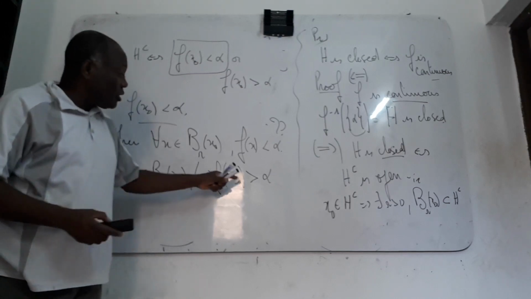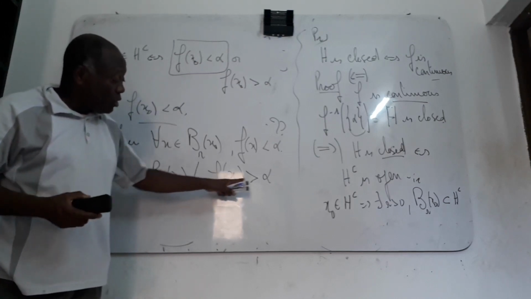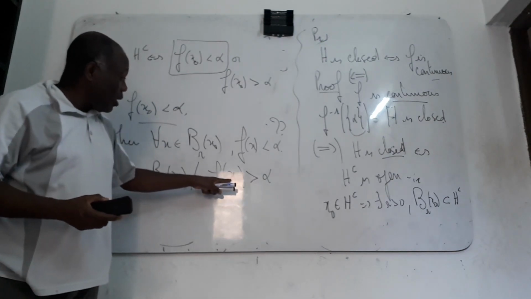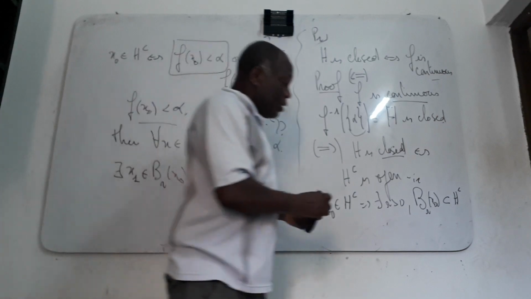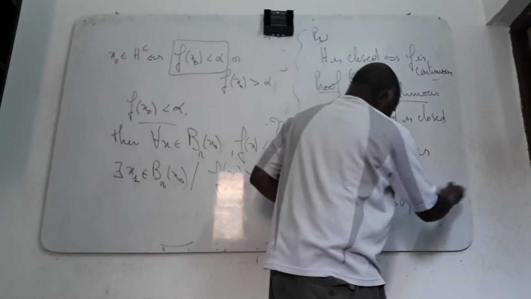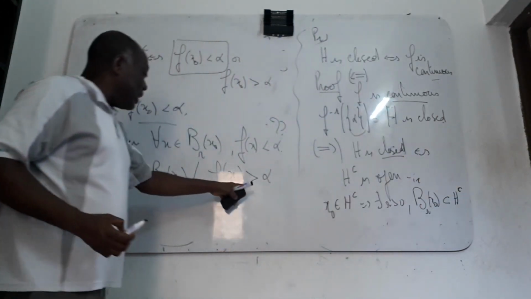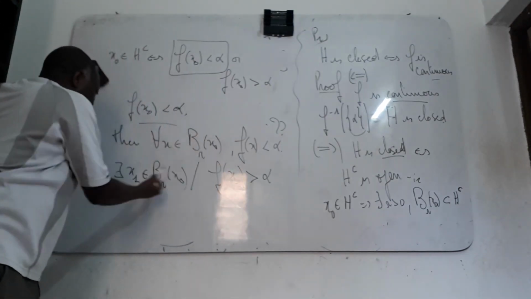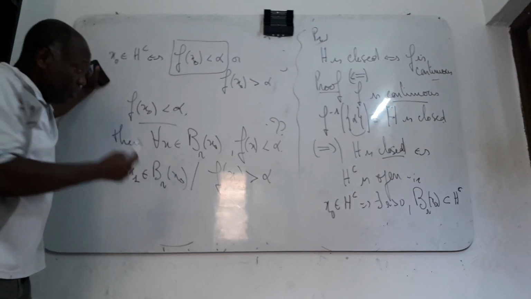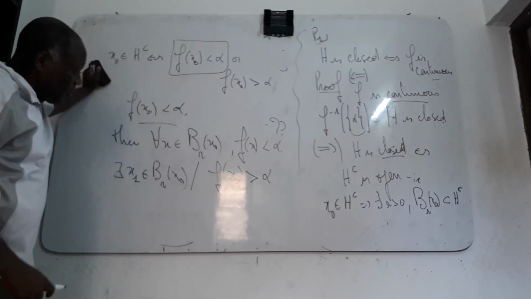Then it's bigger or equal to alpha, because x1 in the ball is contained in the complement of H.